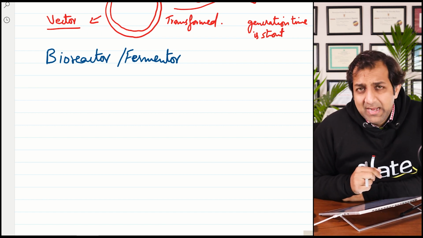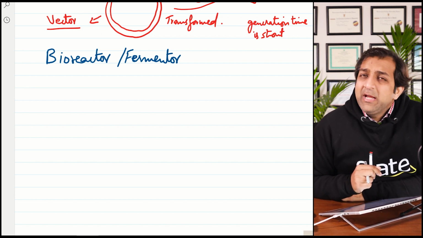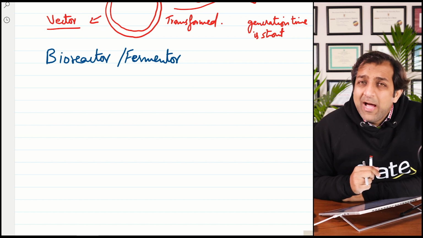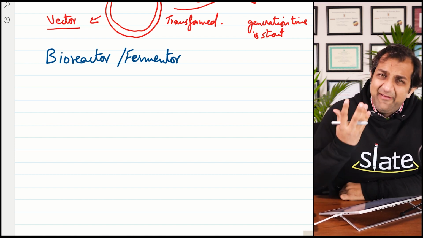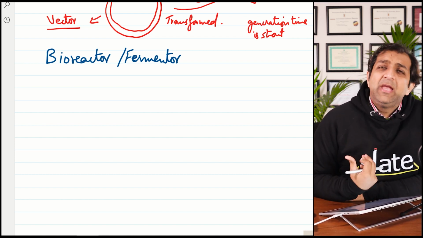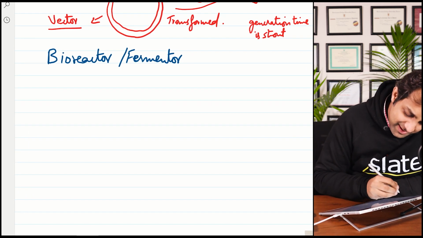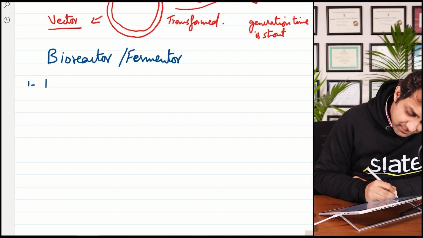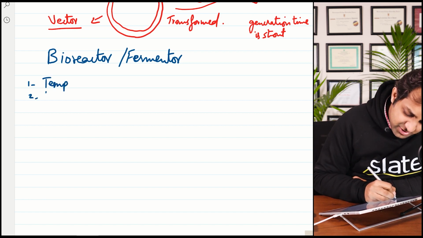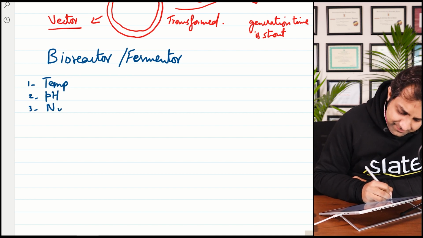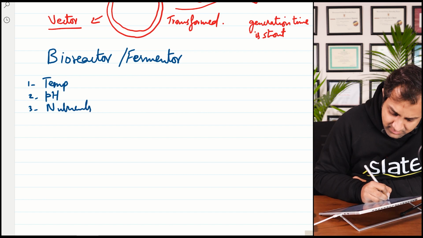First, I want you to tell me what the requirements are for rearing bacteria. If you want to rear bacteria, what do you need to maintain? Number one, you need to maintain a suitable temperature. You need to maintain a suitable pH. You need to give them nutrients.